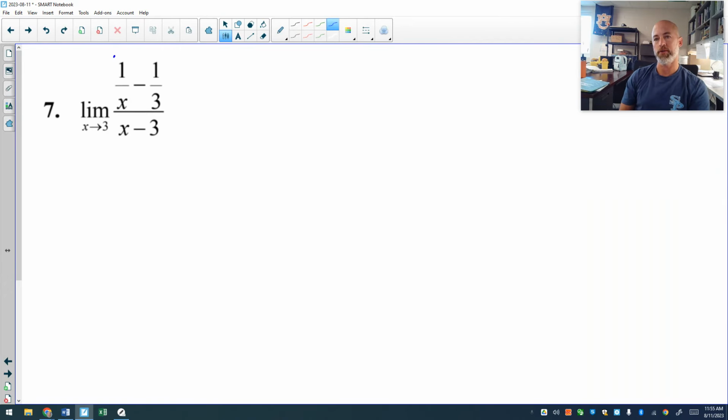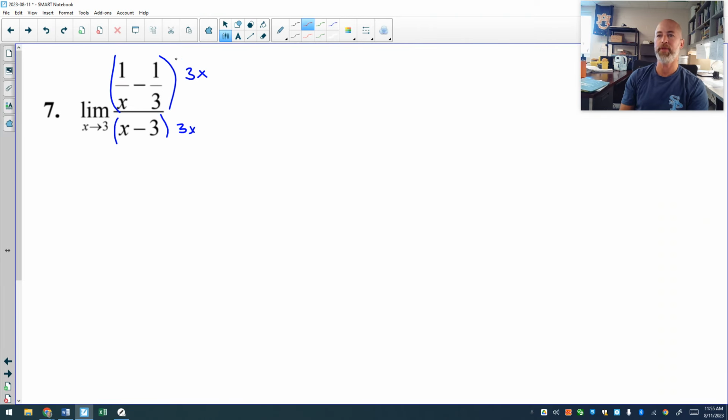What I like to do is look at every term in this fraction. I have a 1 over x, a 1 over 3. Technically, this is x over 1 and x over 3. And I find the common denominator for all four, for everything in the expression, and my common denominator would be 3 times x. So I'm going to multiply 3x through the numerator and through the denominator. And when I do that, it gets very nice.